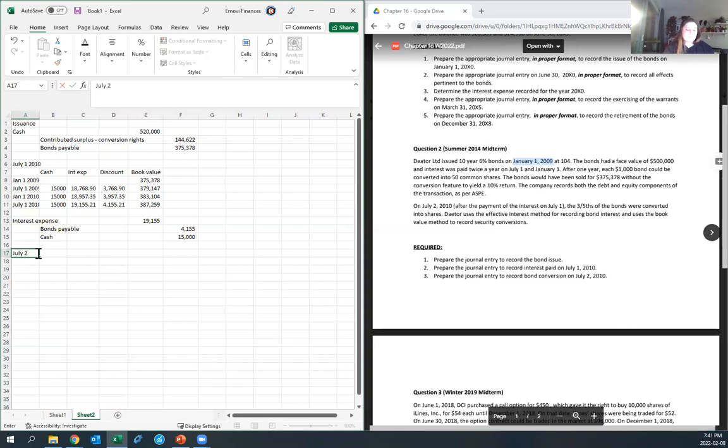And then on July 2nd, for the conversion of the bonds, you're going to remove 3/5 of the book value of the bonds payable. So 3 divided by 5 times the book value that we found here, so the 387,000.